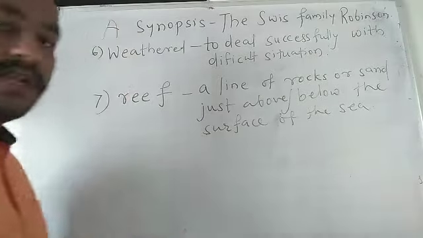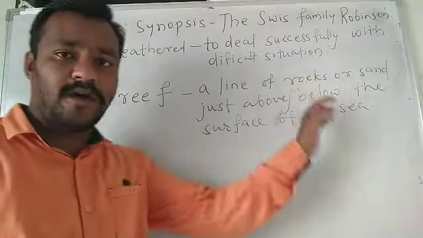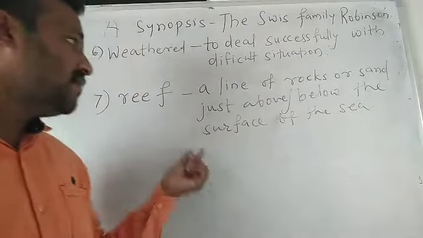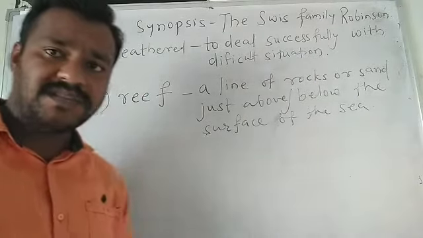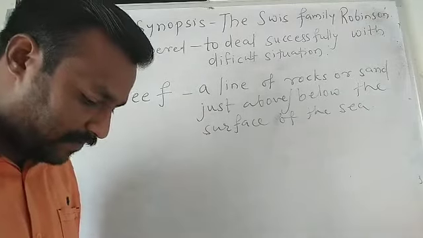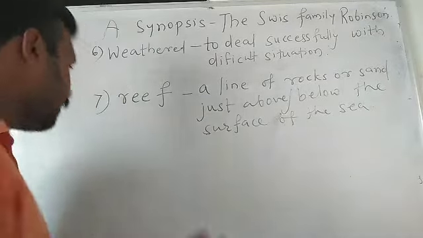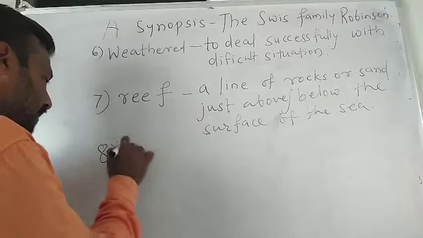It is called reef. Reef means a line of rocks or sand just above or else below the surface of the sea is called reef. Next word, that is vessel.